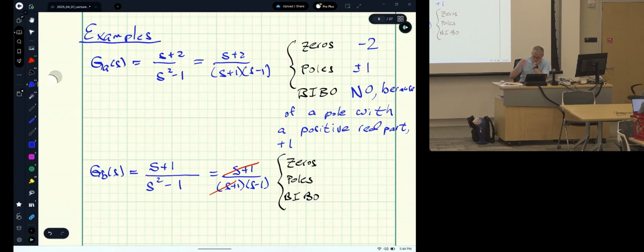So, after we cancel the S plus 1, what are the roots of the numerator? None. So if you write the empty set, fine. Just anything to indicate that there are no zeros, okay? What are the poles?